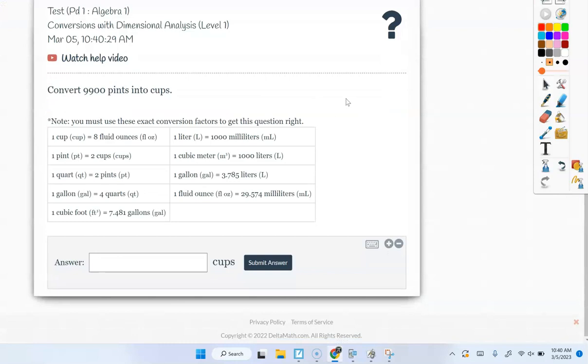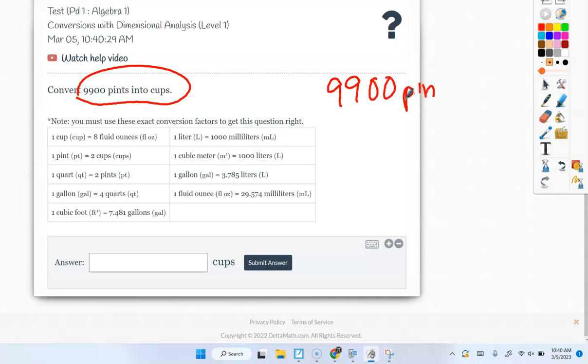So I know this topic is new for you. But all you are practicing here is setting up from the reference table your item, 9,900 pints, and turning that into cups by multiplying by some fraction from your reference chart.